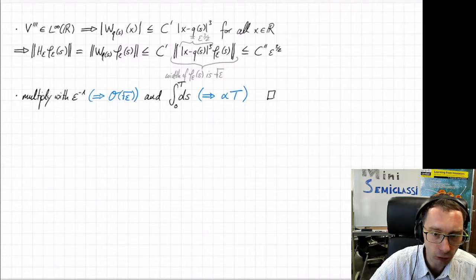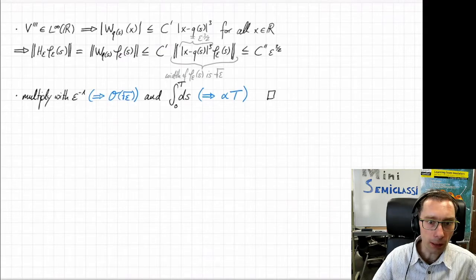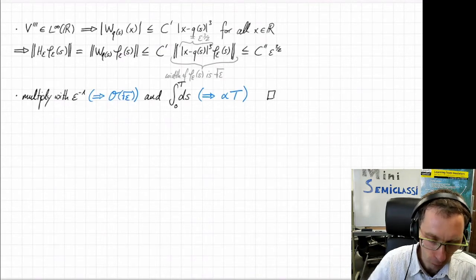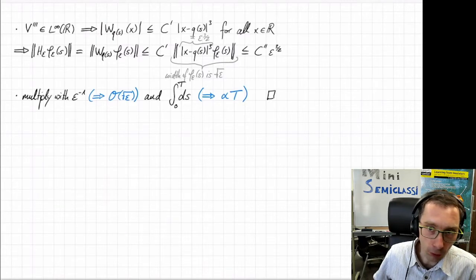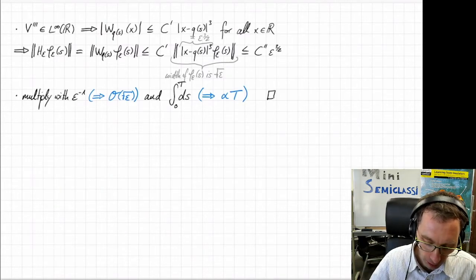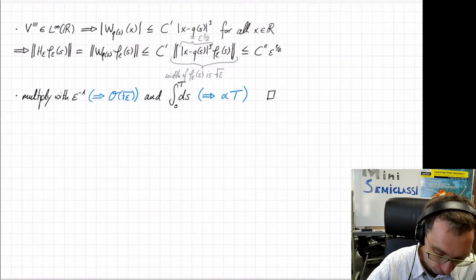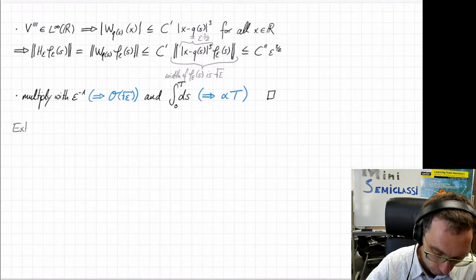So let me finish with an extension to a dimension greater than 1. Let me finish by explaining how to make the extension to higher dimension. So in principle, for the theorem that I just proved, you can just inspect the steps and correctly guess that an extension to higher dimension is straightforward.